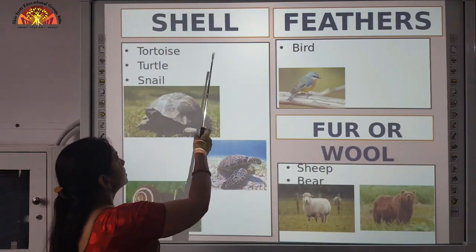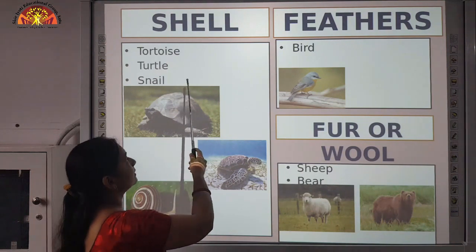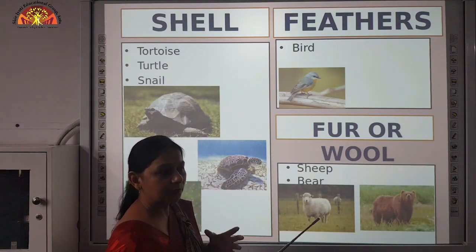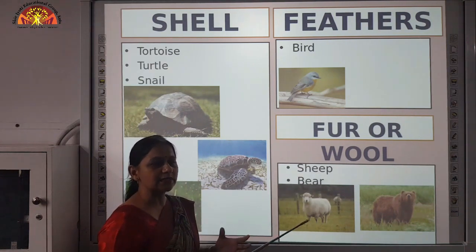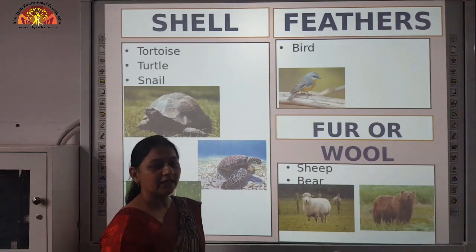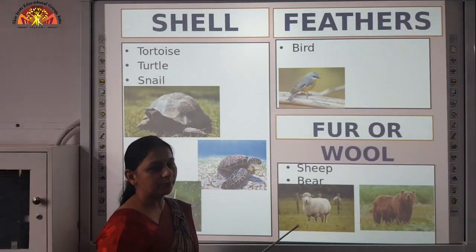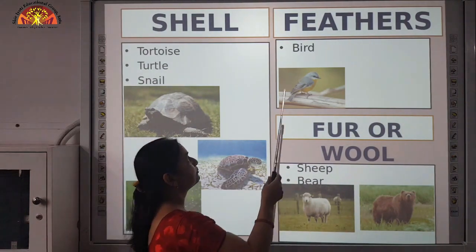In the same way, some animals like tortoise, turtle and snail have a hard body covering called the shell. It protects their soft body, and whenever these animals sense danger, their head and feet get into the shell and they feel safe inside the shell.